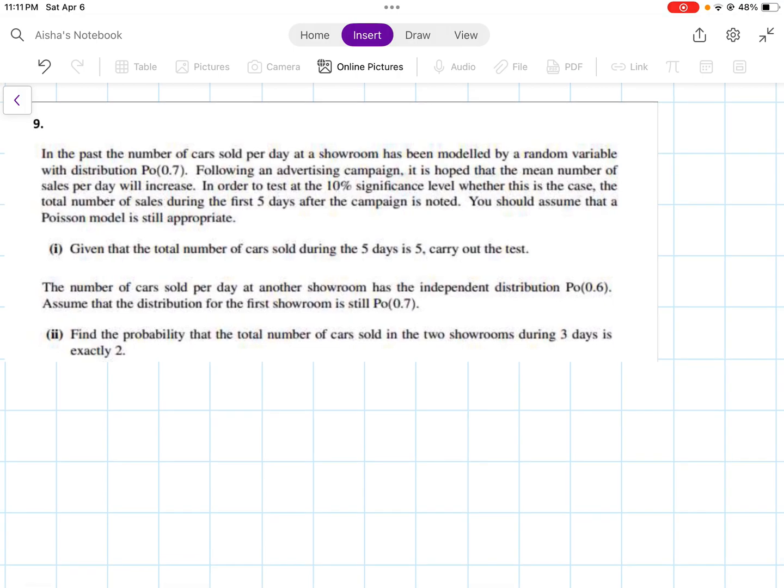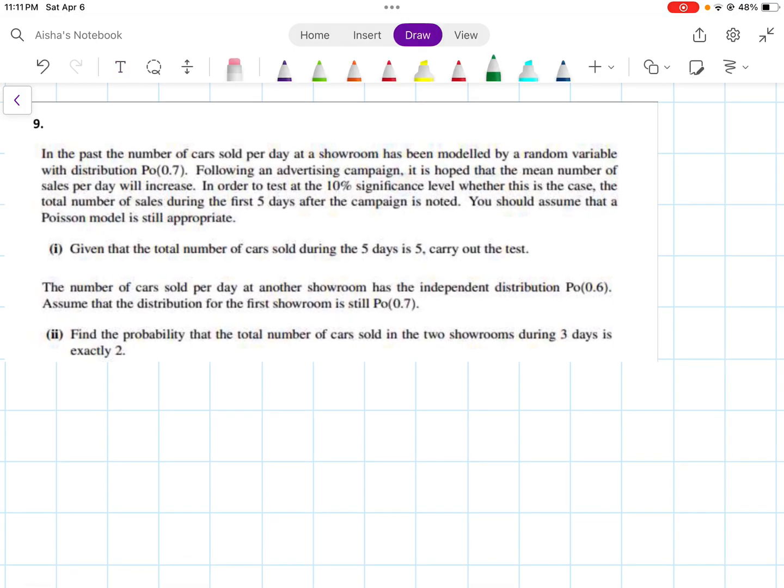The number of cars sold has been modeled by a random variable with Poisson 0.7. Will increase in the first 5 days. Okay, 0.7 is per day.